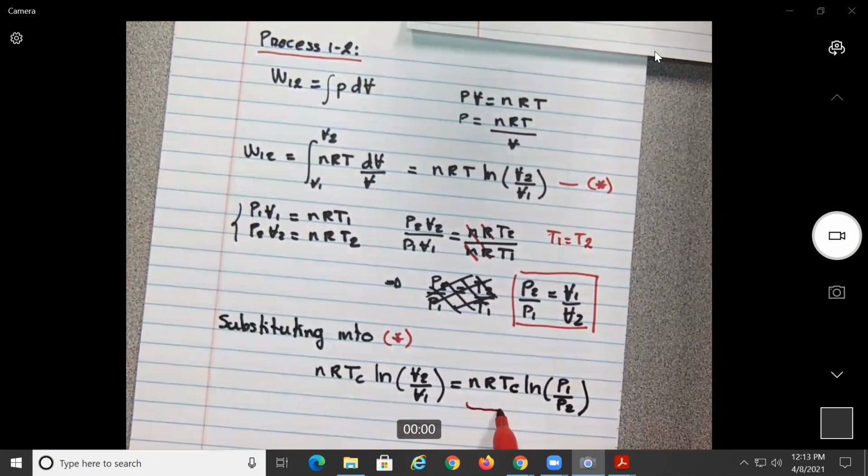So let's call that relation here the double star. And then what is the last thing to do?